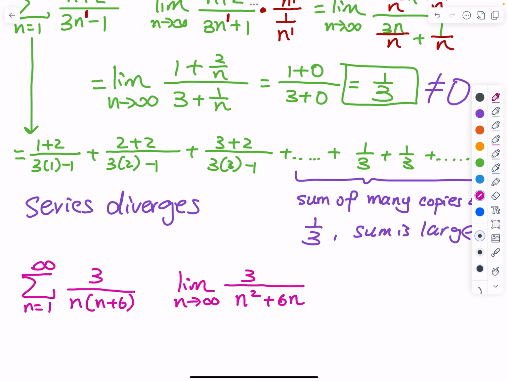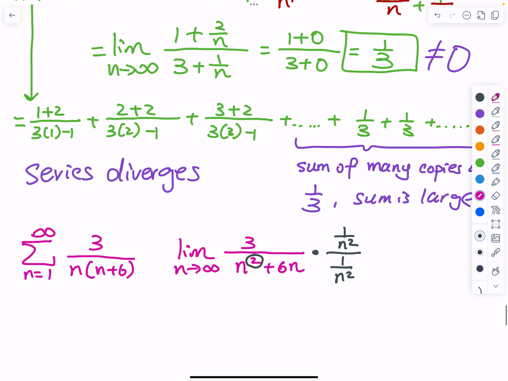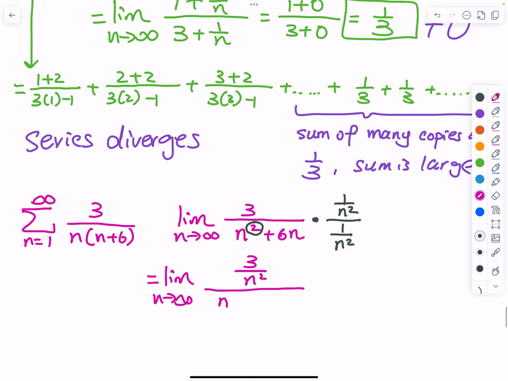What is the highest degree in the denominator? It's 2. Then I will divide each term by n squared. On top, you have 3 divided by n squared. On the bottom, n squared divided by n squared plus 6n divided by n squared.